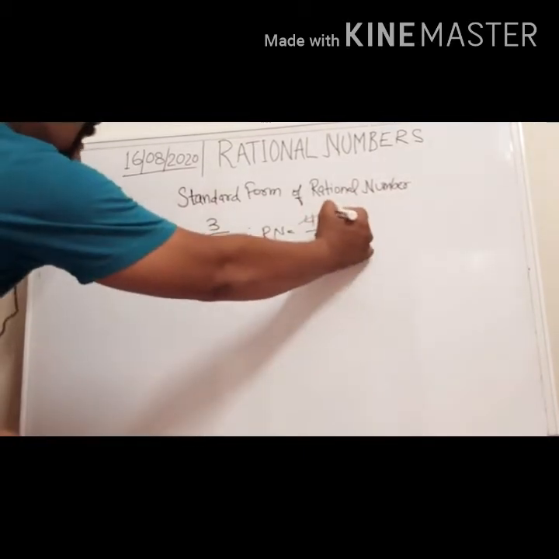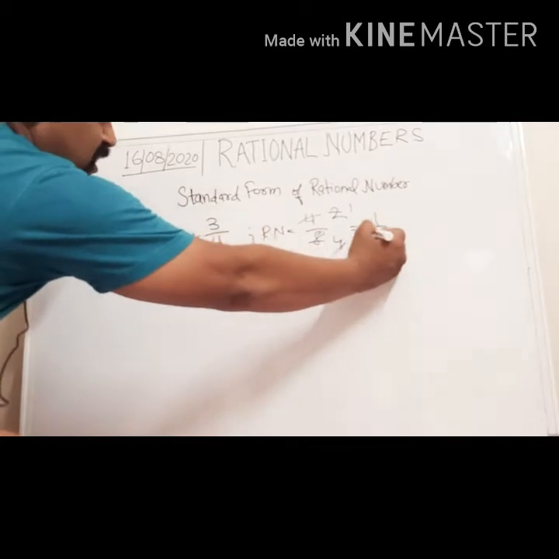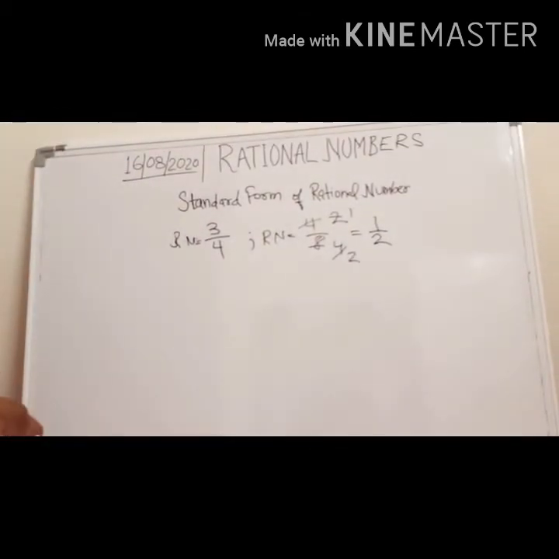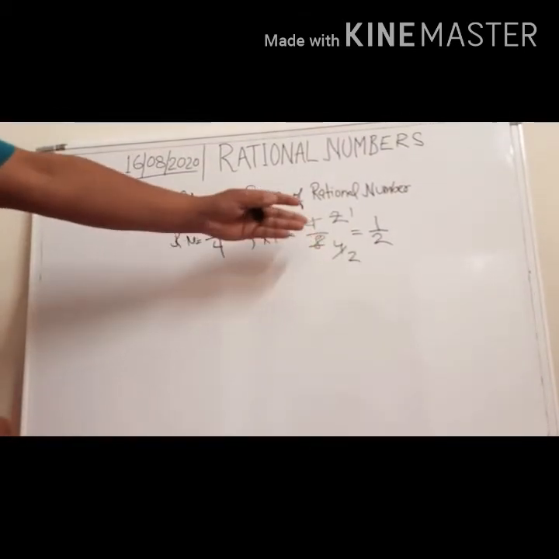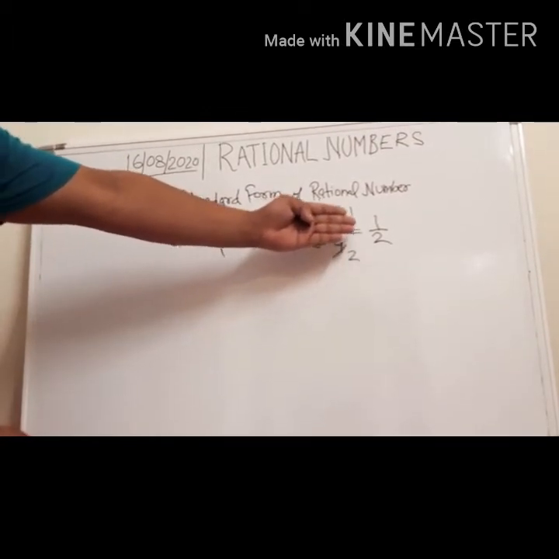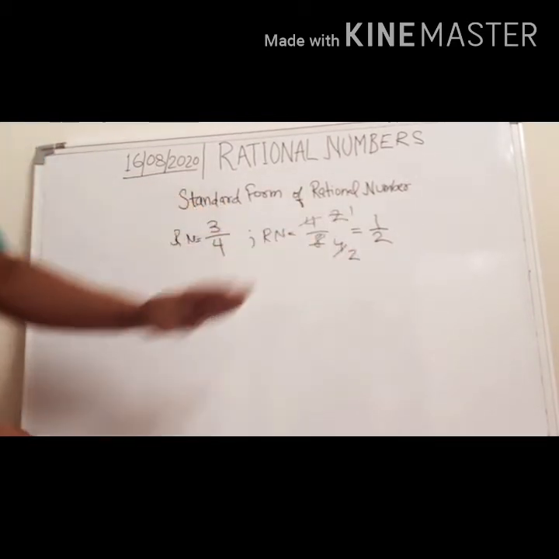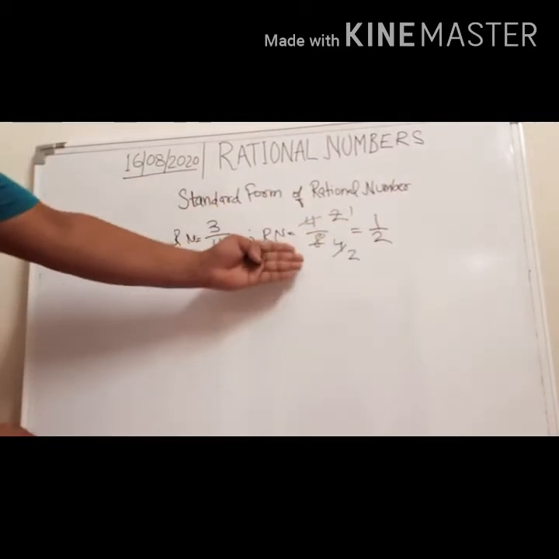Once again we can cancel it, 2 1s are 2 and 2 2s are 4. So the rational number becomes 1 by 2, which cannot be further divided by any common number. The multiple of 1 is 1 and 1 2s are 2. Therefore the final rational number is 1 by 2, which is the standard form of 4 by 8.